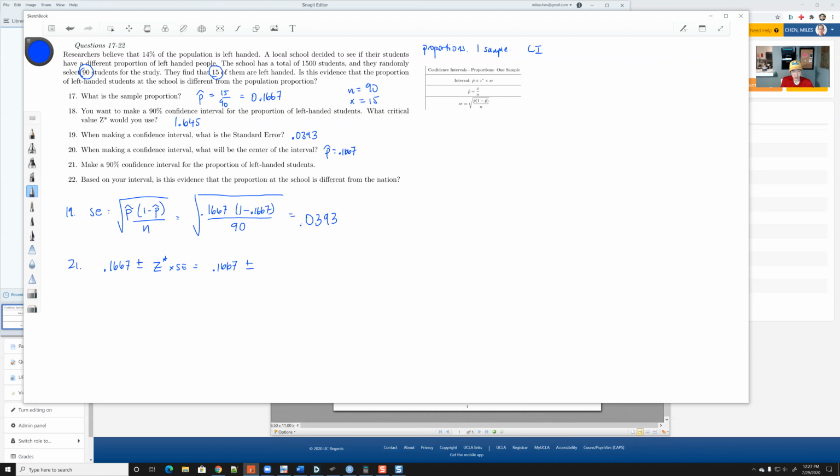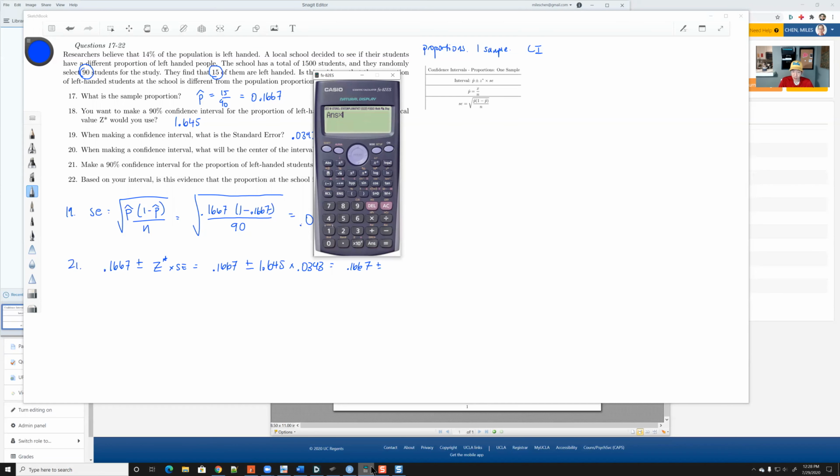0.1667 plus or minus 1.645 times 0.0393. So 0.1667 plus or minus whatever this is. I take that and multiply it by 1.645, and I get 0.0646.